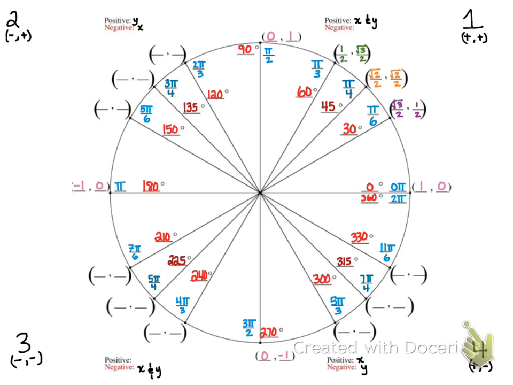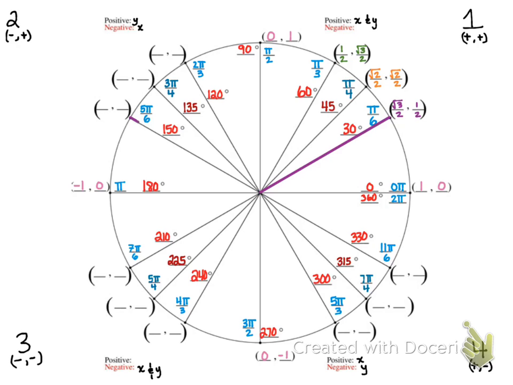Okay, so now what we're going to do is use reflection with this unit circle to identify the corresponding points of corresponding angles. So this line right here gets reflected. If I reflect it over the y-axis, it goes from pi over 6 to 5 pi over 6.